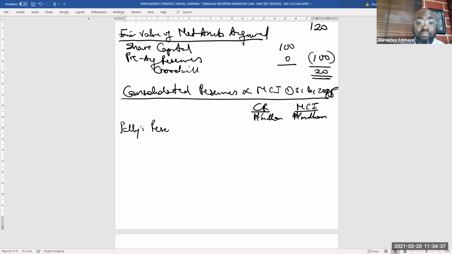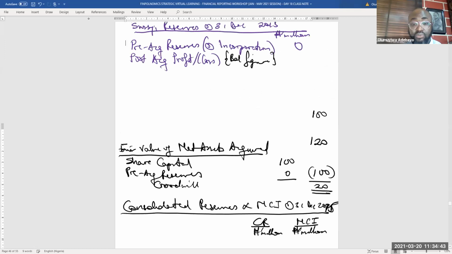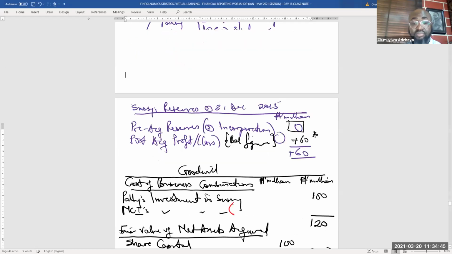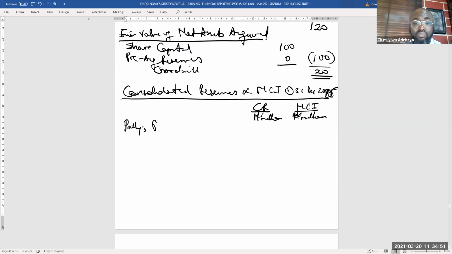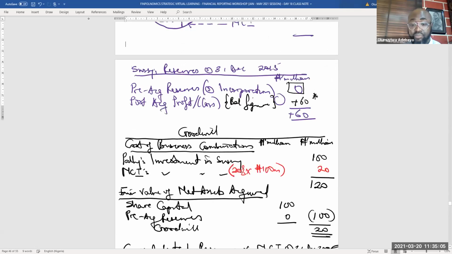Pali's reserve, 140. NCI as at acquisition date is 20.